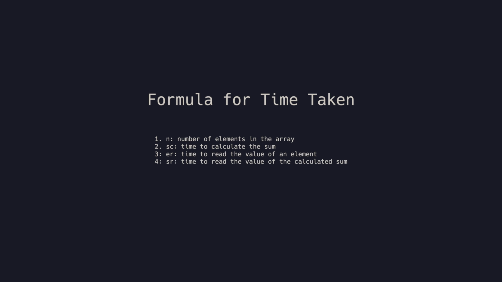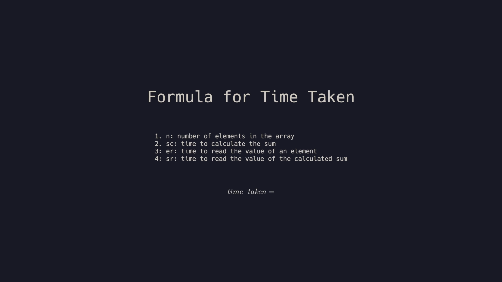Now, we'll try and build a formula for how much time this algorithm takes. Let n be the number of elements in the array, sc be the time to calculate a single sum, er be the time to read the value of an element, and finally sr be the time to read the value of the calculated sum.